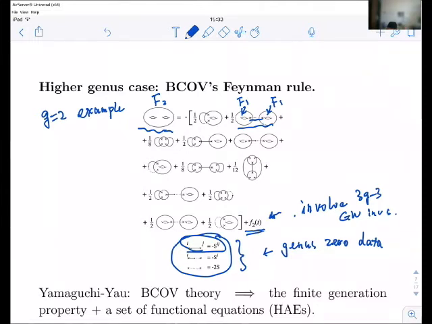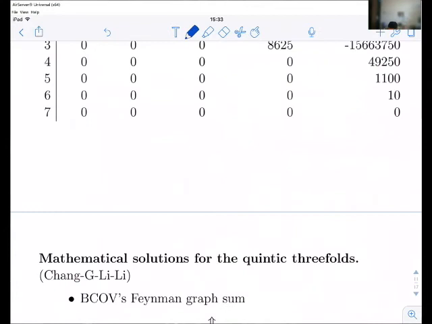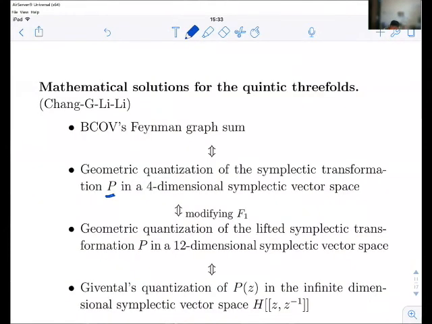So they call this Sij propagators, and these propagators will appear everywhere. And this graph sum, in fact, we found is exactly the classical geometric quantization. So we can write down the formula.